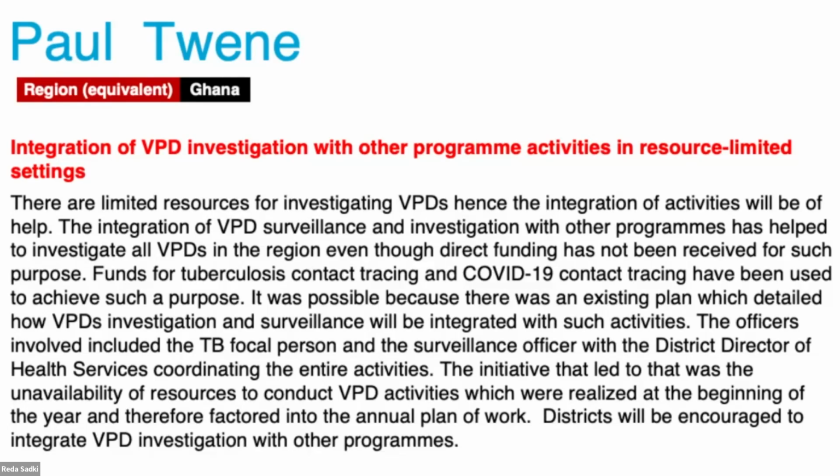So that is how, in brief, the system operates in Ghana, where I operate as a surveillance officer for the region, and then support the district to ensure that we achieve our objectives in trying to meet the standards as Ghana Health Service recommends.